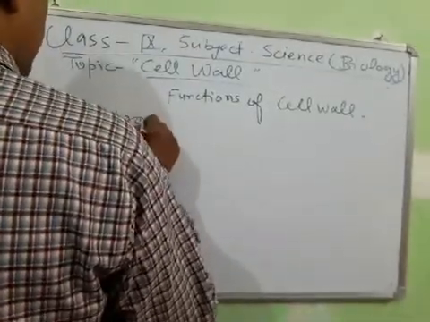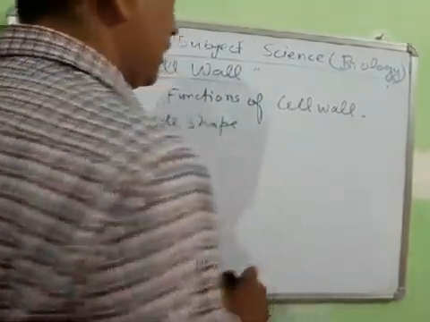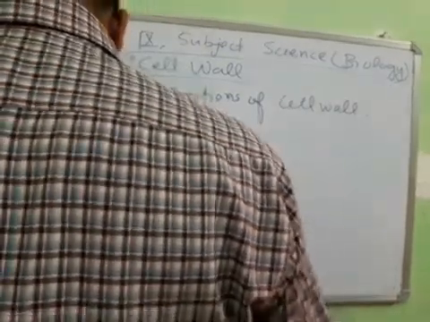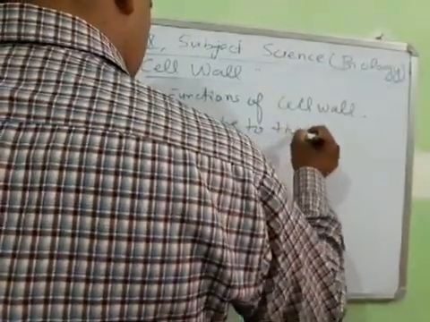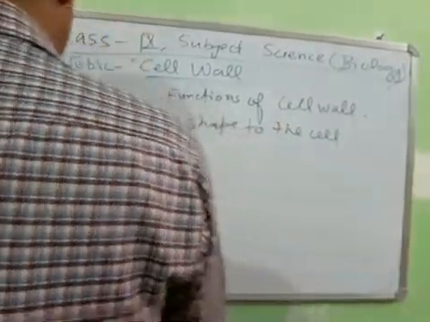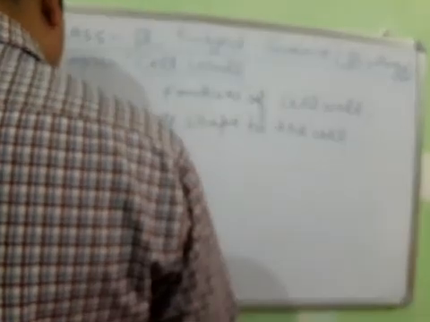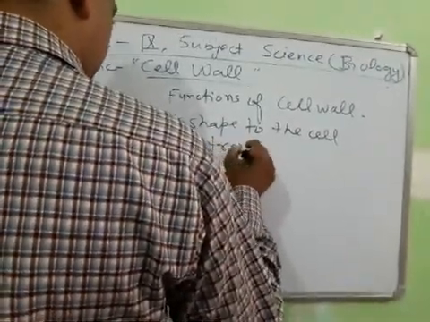First, it provides shape. First, the cell wall provides the shape of the plant. Second, it provides strength.